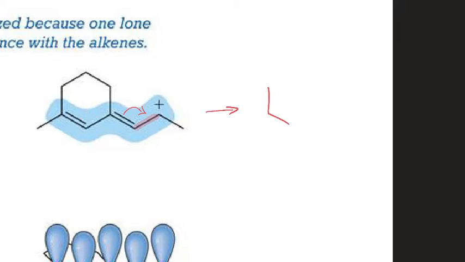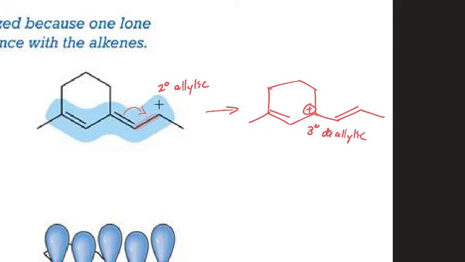We have that resonance form, which would be this, and this goes from secondary and allylic to tertiary and diallylic at that position, because we could have that go back or we could have that go back.